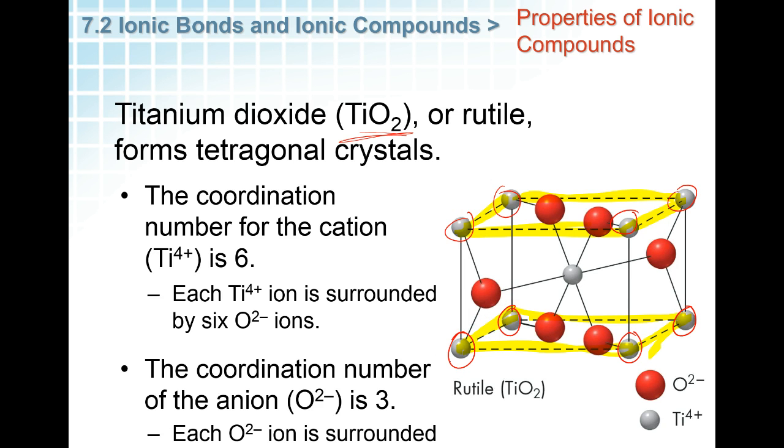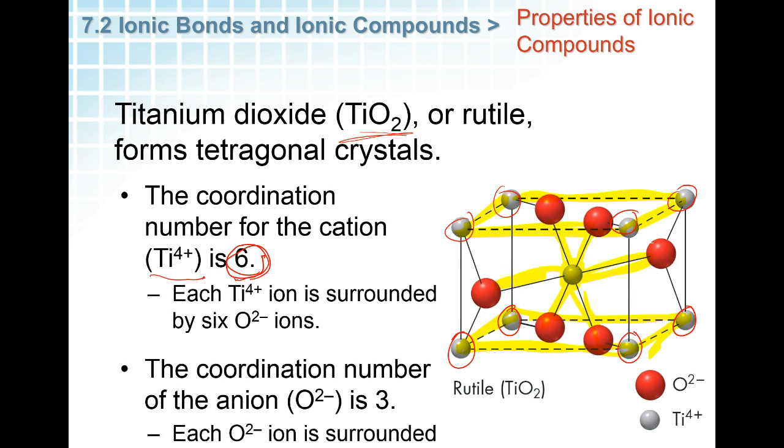Then, for those titaniums, we're going to count how many negatively charged O2 oxygen ions are around each one. So, if I look at the titanium in the center, it's connected to 6 oxygens.